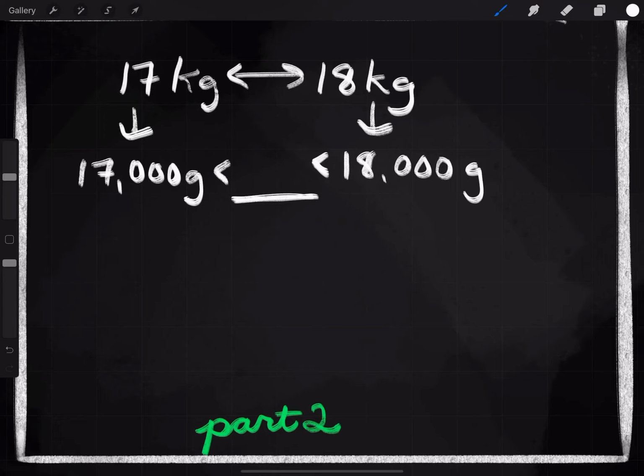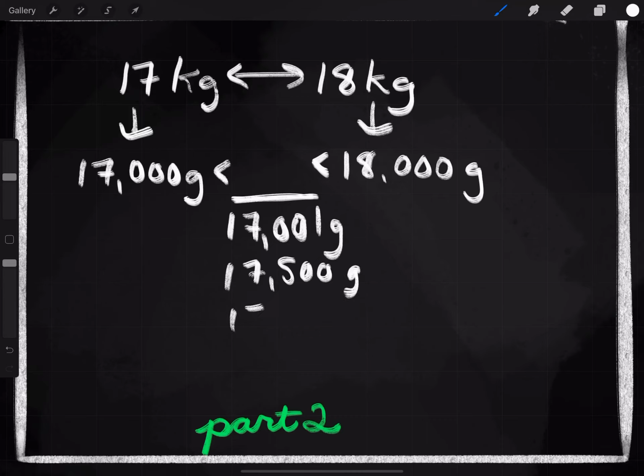So go ahead and write a couple answers that could be between these two. Okay, and you could have written anything from 17,001 grams. You could have written halfway between, 17,500 grams. You could have written 17,999 grams. Those are all in between 17,000 grams and 18,000 grams.